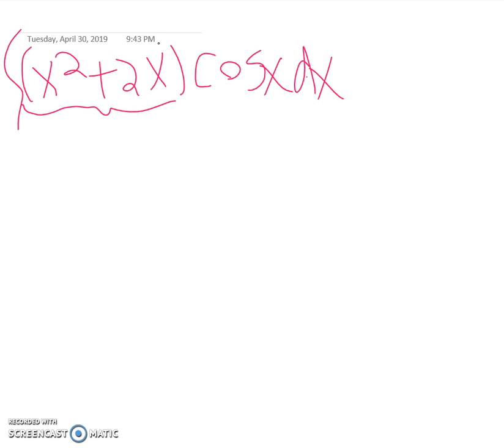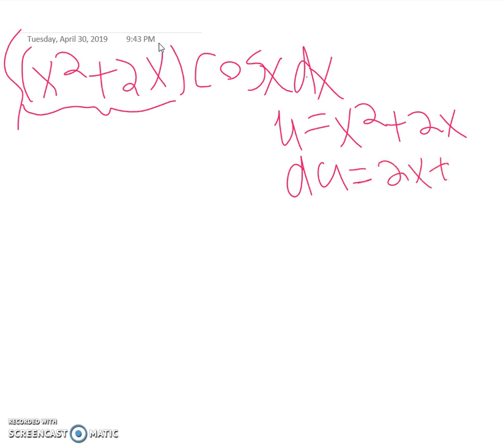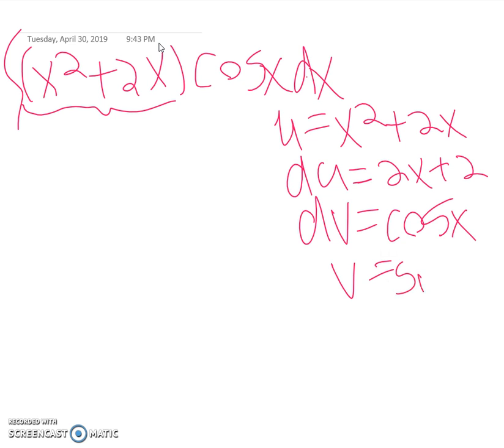So we're going to make our u equal to x squared plus 2x. And so our du is going to be 2x plus 2. And our dv is going to be cosine of x. So our v is going to be sine of x. I am actually running out of time here on this screenshot, so I'm going to have to do this quickly.